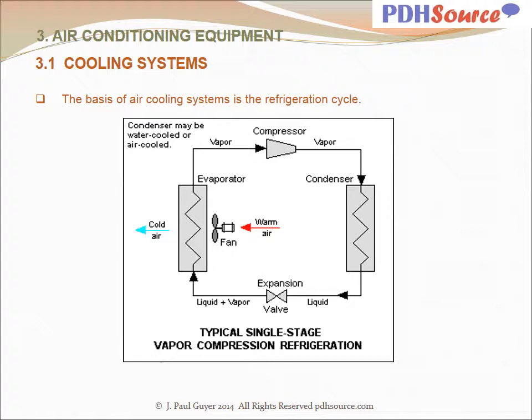Then you have another heat exchanger called an evaporator, and you have the piping connecting the evaporator, compressor, condenser, and the expansion valve. And what is in the piping is something called a refrigerant, which is a special material that it was discovered would work well in a refrigeration cycle like this.